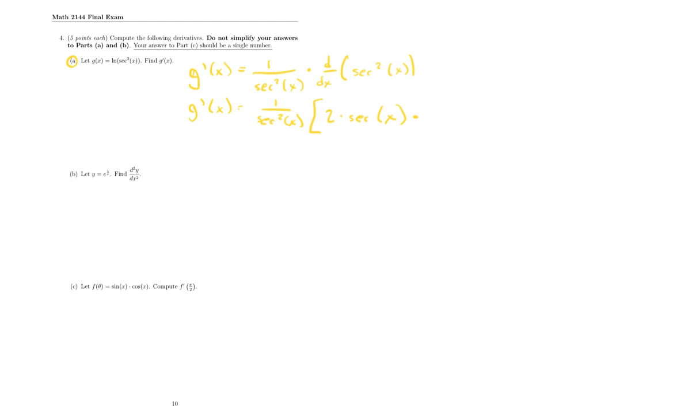So now I just have to take the derivative of secant, which is going to be secant of x times tangent of x. And normally it'd be a good idea to go ahead and simplify, but since it tells us explicitly that we don't have to simplify, we can go ahead and say that this here is our final answer and be done with this part.